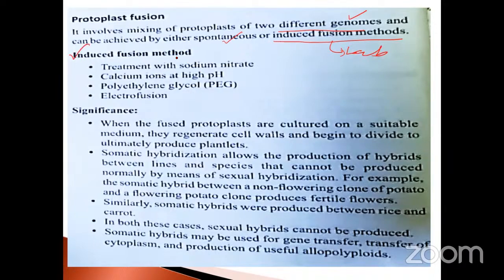First of all, the induced fusion method. The treatment with sodium nitrate. They are using different components: sodium nitrate, calcium ion at high pH. Already told you, polyethylene glycol, PEG. Electrofusion. What is the meaning of electrofusion? The A sample as well as the B sample, how will they be fused with the help of, what is that?